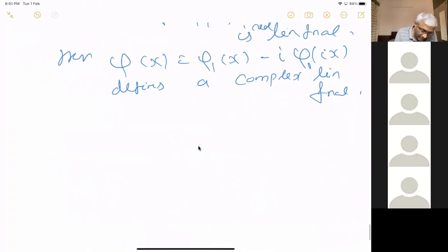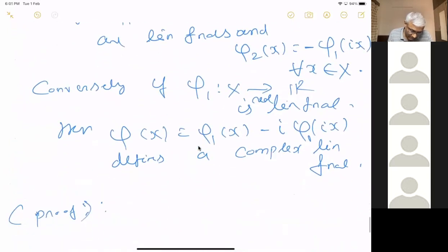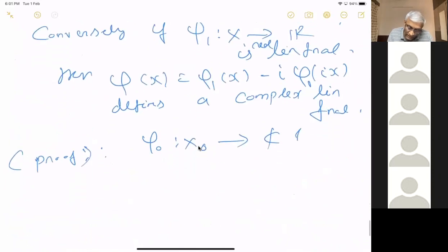Now the continuation of the proof. We continue the proof. So now we have a bounded complex linear functional phi naught from X naught to C. Let chi equal the real part of phi naught, and we want to extend this.